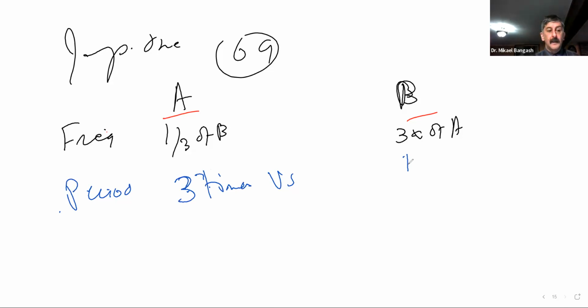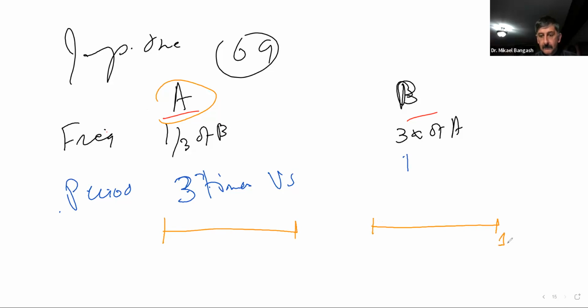Now, let's make it very simple. How do we get that? To make it simple, guys, we can say this here is 1 second for A, and likewise for B this one here is 1 second.